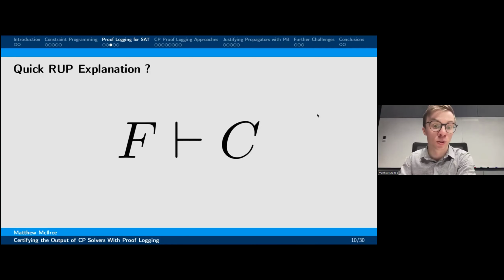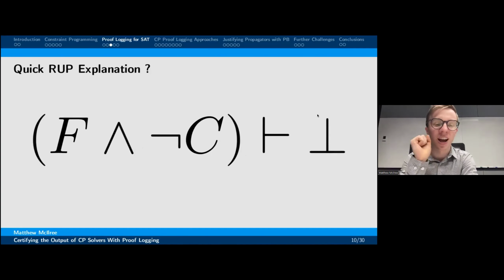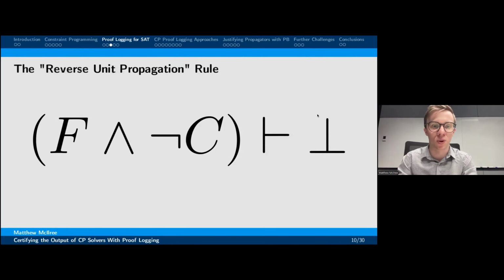The RUP proof rule says that you can derive that clause if taking the negation of the clause and adding it to the original formula, and then running unit propagation, which is the SAT solver's most basic inference technique, just setting any units, so any literals that have to be set, and continuing to do that until you reach a fixed point, results in a contradiction. RUP stands for reverse unit propagation, and if the verifier can efficiently run unit propagation, then this can be efficiently checked. And so this is very nice.